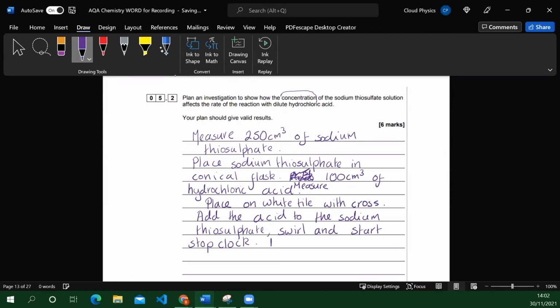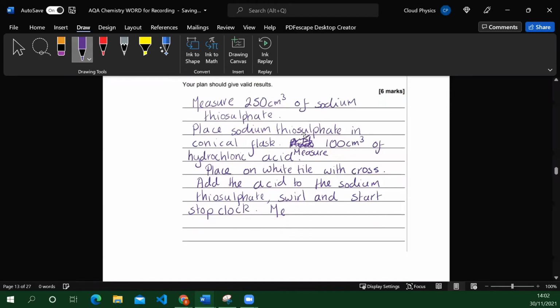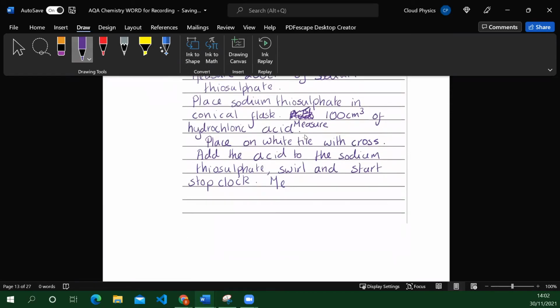Okay, measure. This is what I did in class. So I was teaching class. Measure the time taken for the cross to disappear. So you look down.